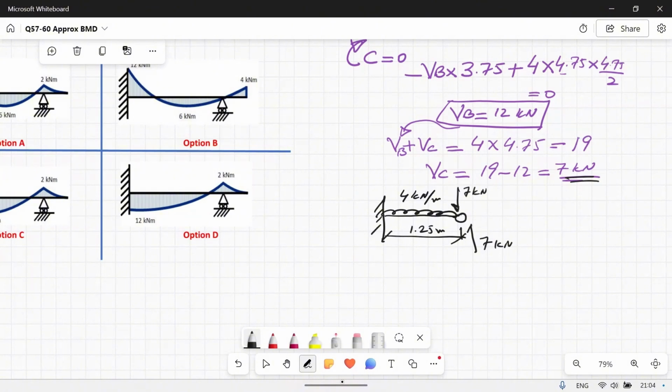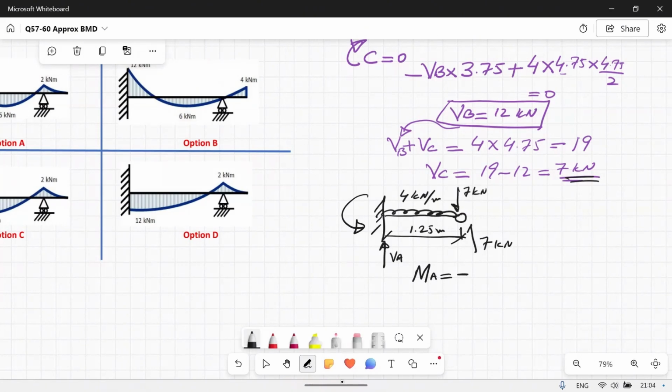When loads are downwards, the reaction here will be upwards, so VA will be upwards. When loads are creating clockwise moment, the reaction moment is going to be anti-clockwise. So MA, which is the reaction moment, I will call a negative moment because it's a reaction one.